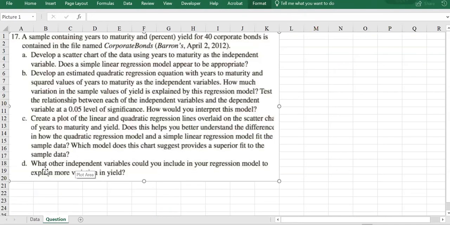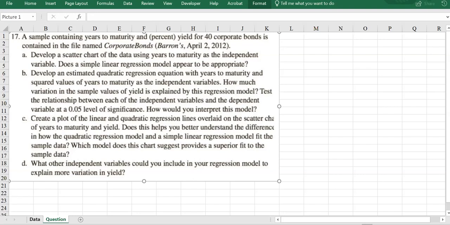And then the last part, what other independent variable could you include in your regression model to explain more variation in yield other than years? So this is now your opportunity to go ahead and do some research on corporate bonds and understand what factors may affect the yield of corporate bonds.